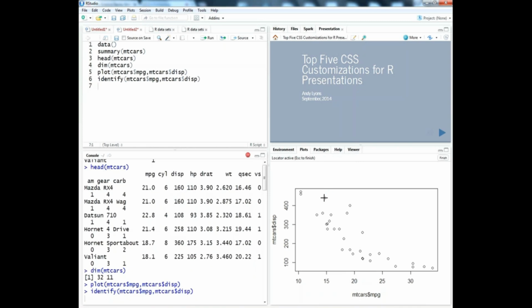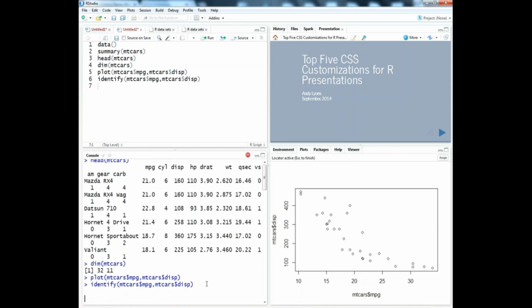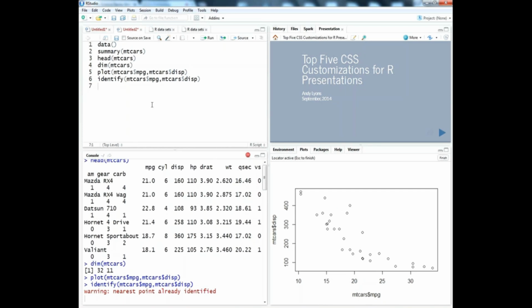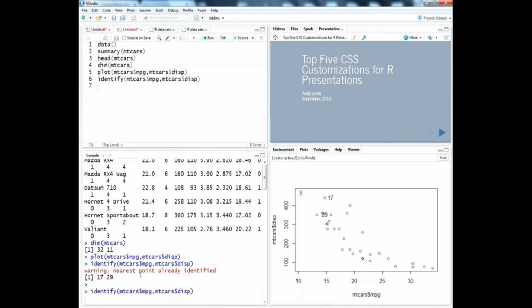Just click here, so you will get the value here. Each point is showing some information. Once you finish, you will get the values. For example, I clicked 2 times at the 17 place and 29. See here, this is 17, this is 29.